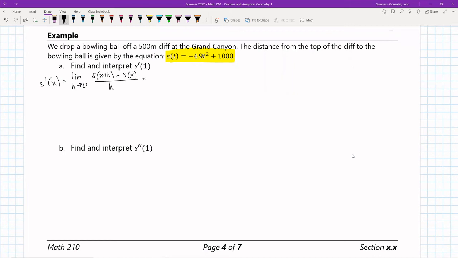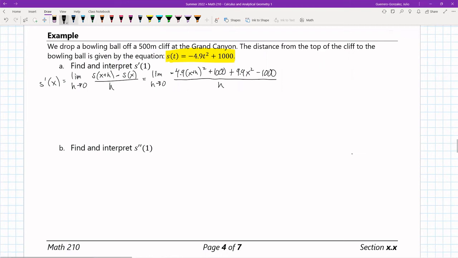Where we go at it, right? So the limit as h approaches 0 of minus 4.9 x plus h squared plus 1,000 minus minus 4.9 x squared plus 1,000, all over h. I'm going to do some cleanup here. So a negative of a negative, that's positive. And then that turns the plus 1,000 to a minus 1,000.